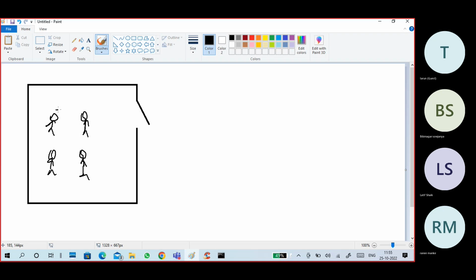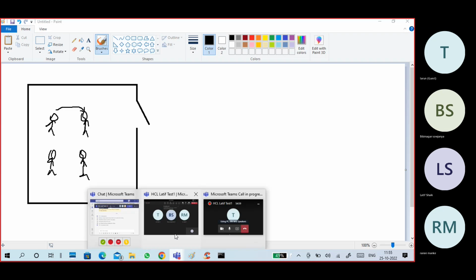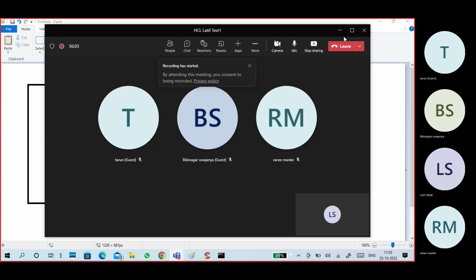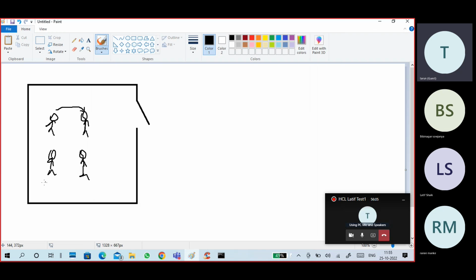For example, Tarun wants to talk to me about something. Is it required to go outside, to use a door to talk from here to here? No, sir.